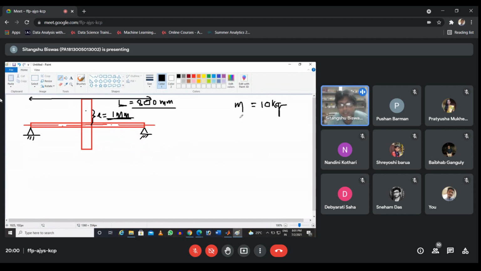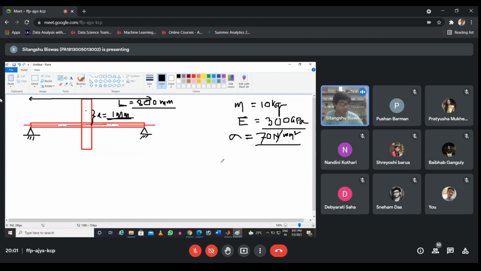The shaft material Young's modulus is say 300 gigapascal, and the maximum allowable tensile stress is 70 Newton per millimeter square.